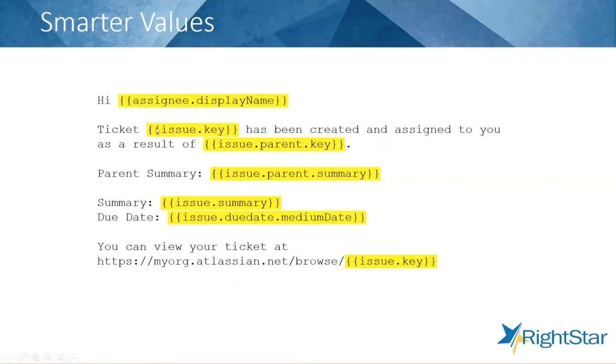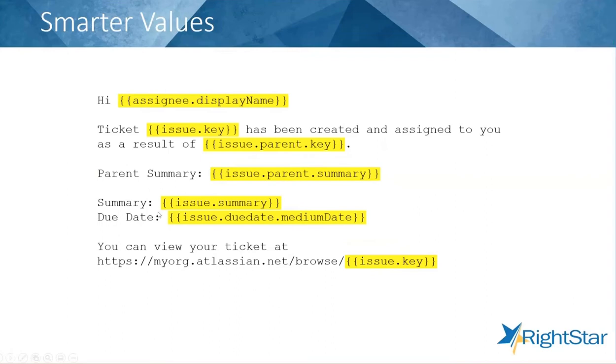So you can see that this issue key has been created and assigned to you as a result of, and now I want to reference the parent of this issue. So I call .parent, and then I can call on it any of the fields associated with the parent issue. In this case, I'm going to return the key, and I'm also going to return the summary.